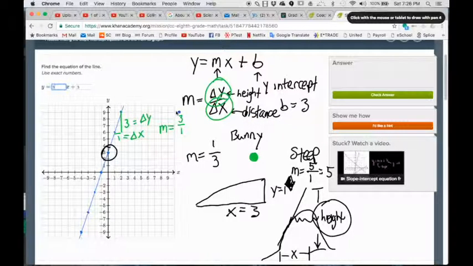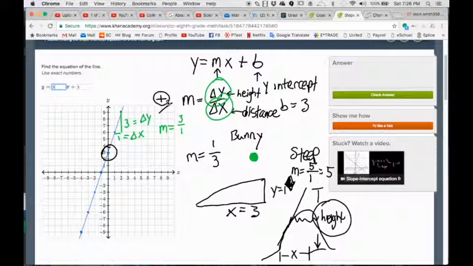We do know that this is positive because any line that's pointing up towards this corner of the graph is a positive line. Any line that's pointing towards this corner of the graph paper is a negative line.